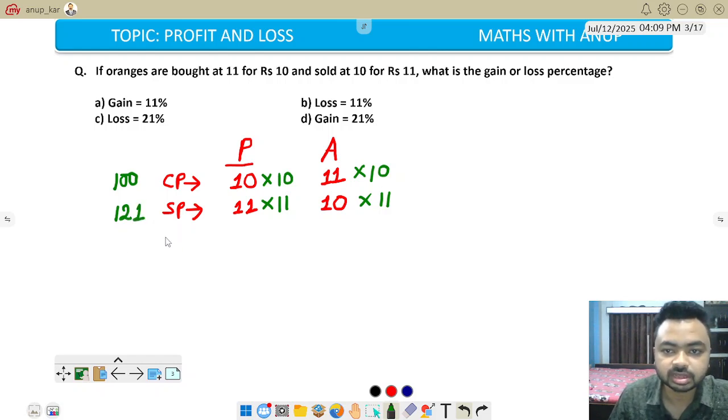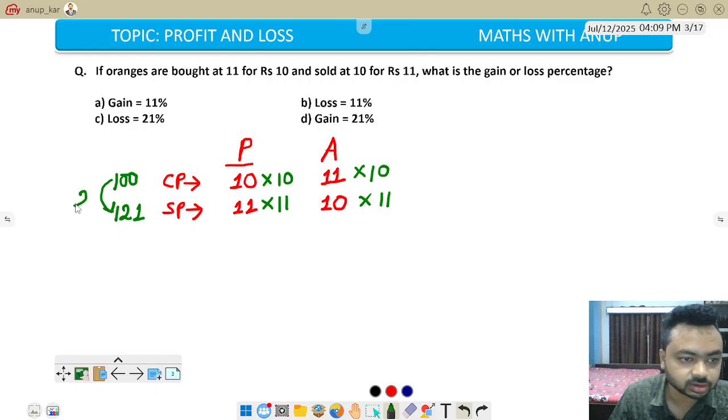So what is my gain or loss percentage? The difference is 21. Plus 21 means the selling price is greater than the cost price, so there will definitely be a profit.